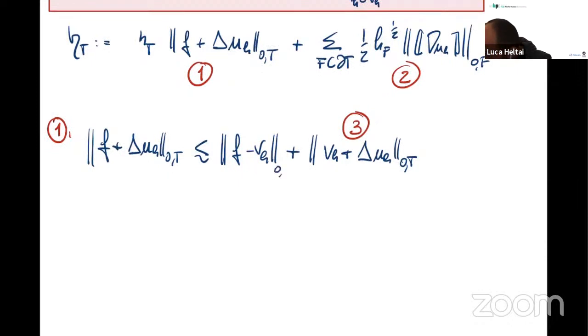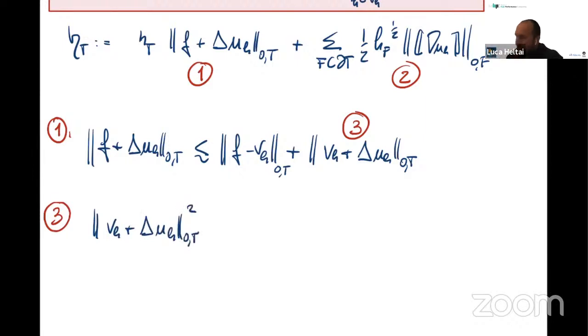So this is on T, and this is again on T. So for part number 3, I take the square of that. And now I would like to use the fact that this can be scaled. So what I want to do is localize this and try to apply integration by parts until I get something which is useful for what we want to have.